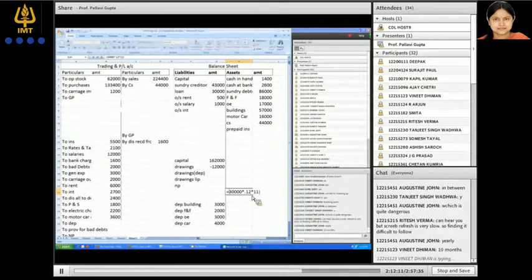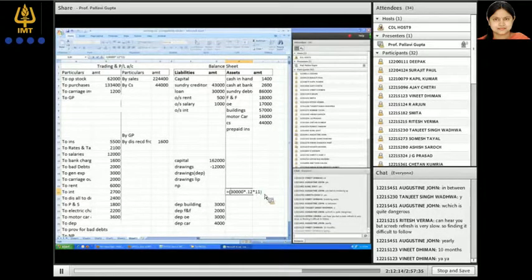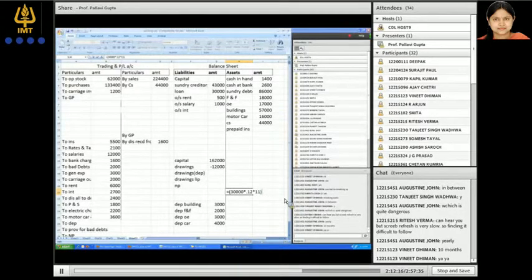It is not 10 months, it is 11 months. So I should pay the interest of 30,000 into 12% into 11 by 12 for 12 months. So the interest should be 3,300.